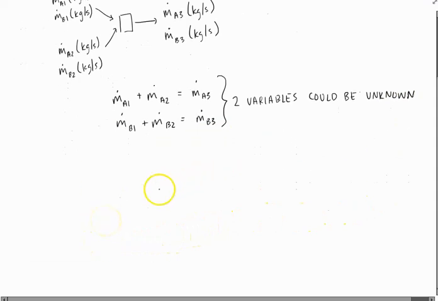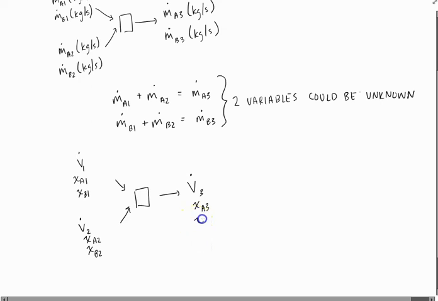Another way you might draw the same kind of problem is you might be using an overall volumetric flow rate, and you might know the fraction that A and B contribute to each of the flow rates. So here I've got x_A1 and x_B1 being the fraction of A and B in stream 1, and I've done this for all of the streams.